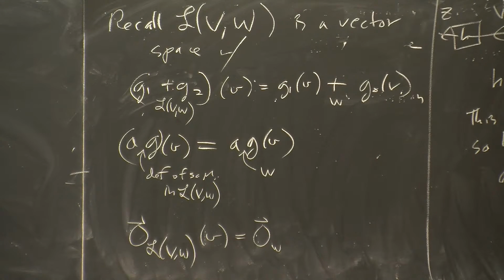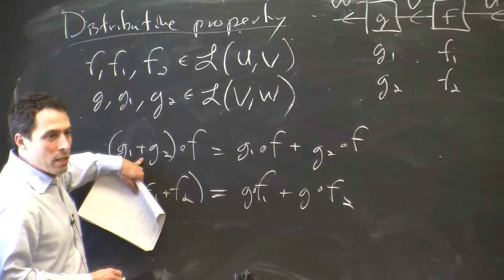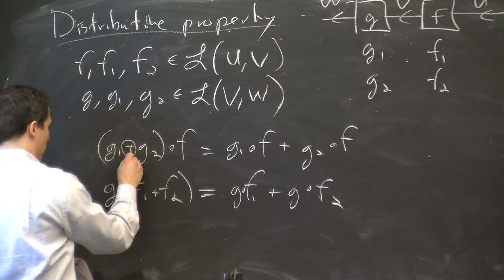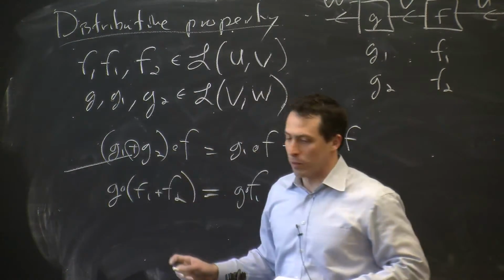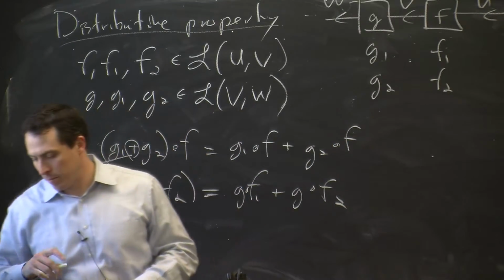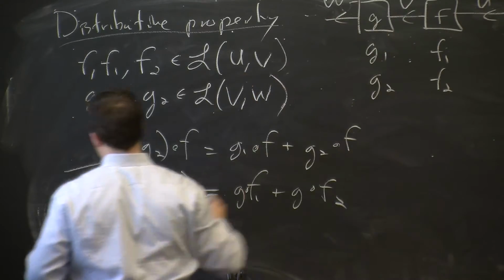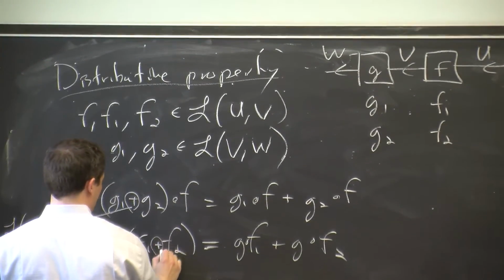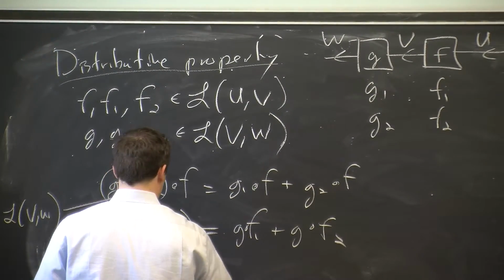Okay, so let's look at this for a second. Where does this addition happen? Which vector space? G1 plus G2. Yep, that's L of VW. How about this addition? L of UV.